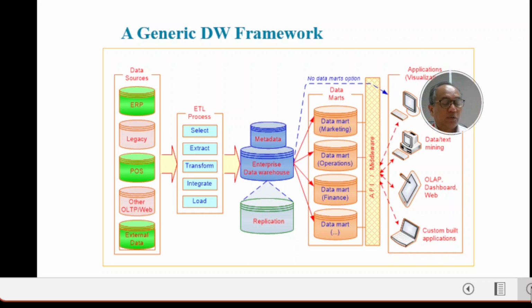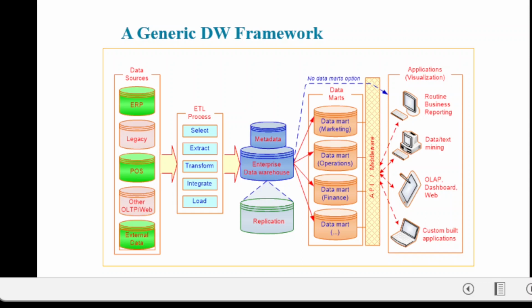From these data sources, the data needs to undergo the ETL process. ETL stands for extract, transform, and load. The ETL involves selecting, extracting, transforming, integrating, and loading data. So we select the data from the various sources, which one we want to use, and then we extract them from the sources.